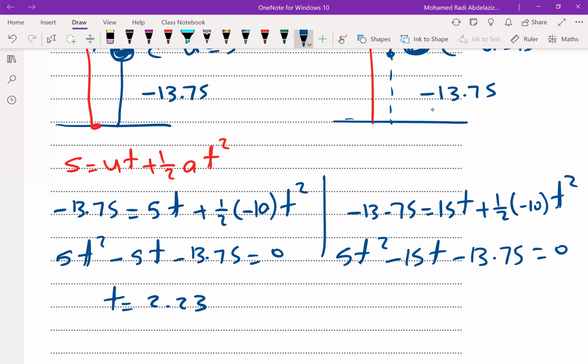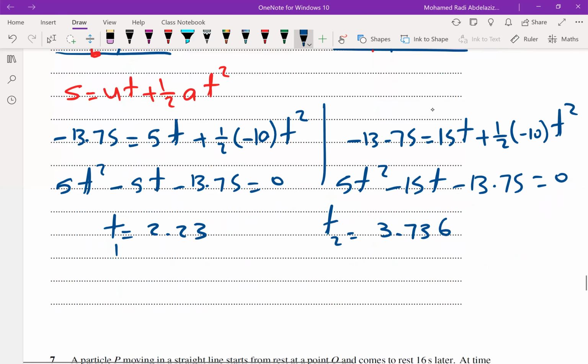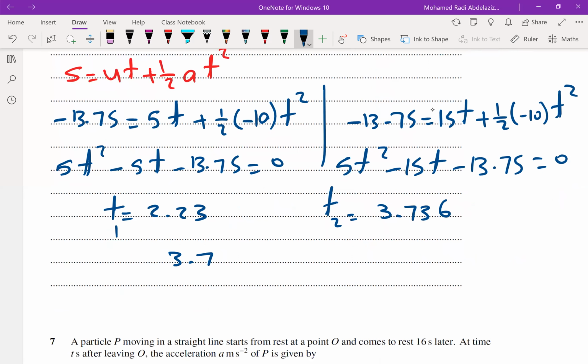By solving this equation, you will get 3.736. Now, this is time 1 and this is time 2, and we are asked to get the difference in time. So 3.736 minus 2.23, and you can write your answer correct to 3 significant figures, which will be 1.506. So the final answer will be 1.5.